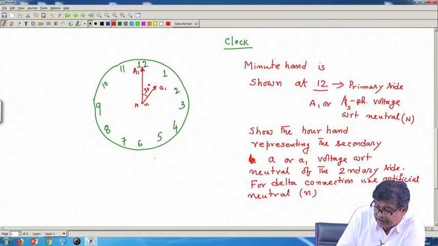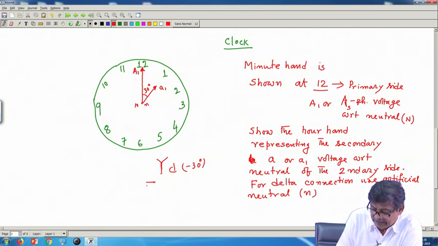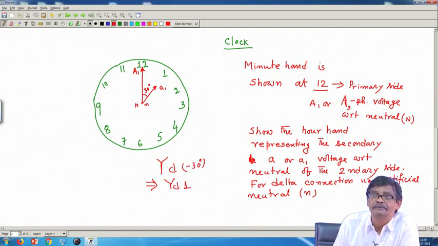Then I will write it as primary star connected Y, secondary delta connected D. Earlier I wrote it minus 30 degree on the previous page. This is the same as Y D 1, that is the time is 1.